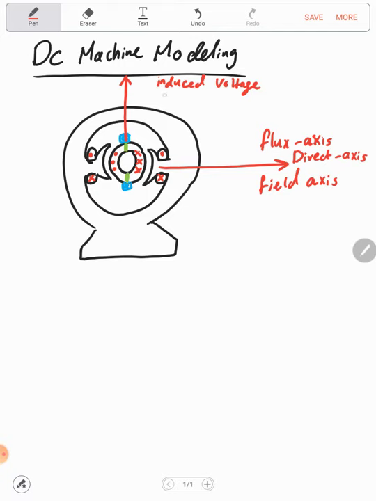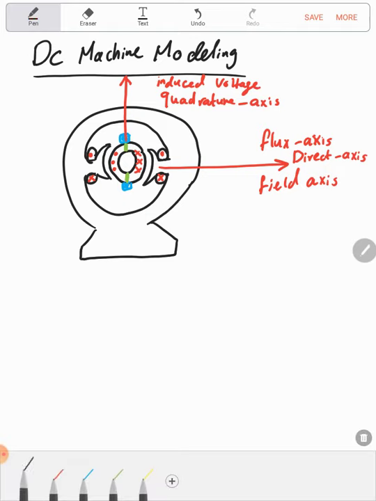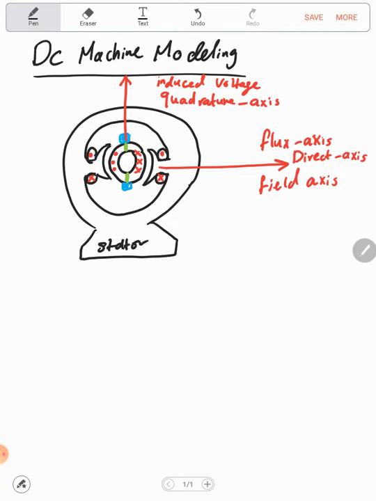So this is the quadrature axis, or simply it's the Q axis. So now we're having the stator here, and we're having the rotor here.